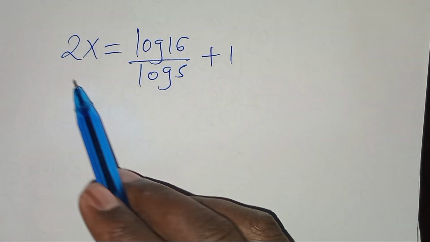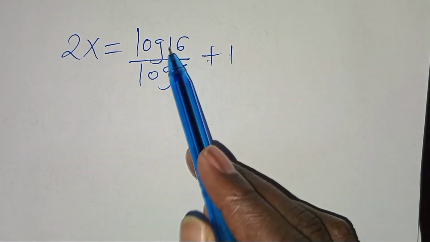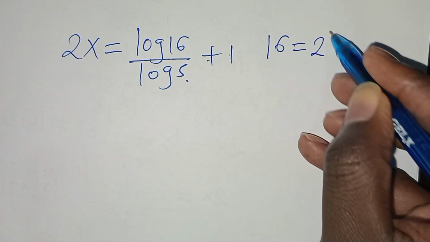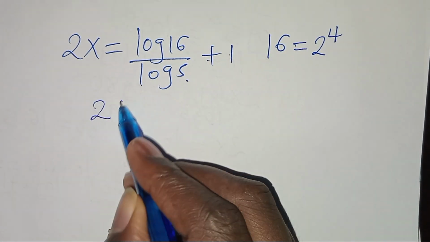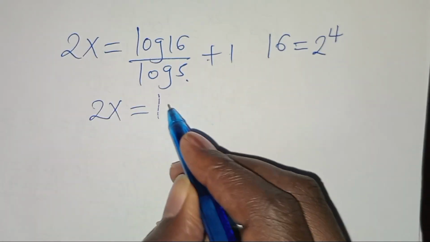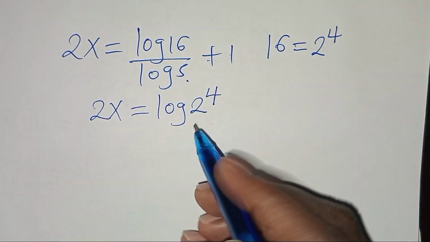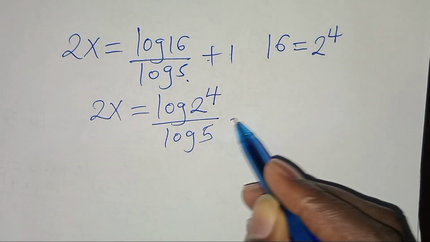Now we have 2x is equal to log 16 divided by log 5 plus 1. Now from here we can express 16 as 2 to the power 4. So let's substitute this. We'll have 2x, this is equal to log 2 to the power 4, which is basically equal to 16, divided by log 5 plus 1.